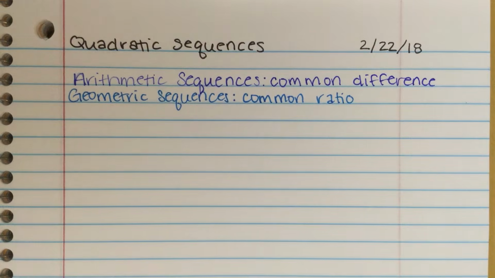Hopefully from class, you remember that to create a quadratic function, we are essentially taking two linear functions and finding the product of them. In that case, since arithmetic sequences are similar to linear functions, it would be fair to assume that a quadratic sequence is going to have some relationship to an arithmetic sequence.